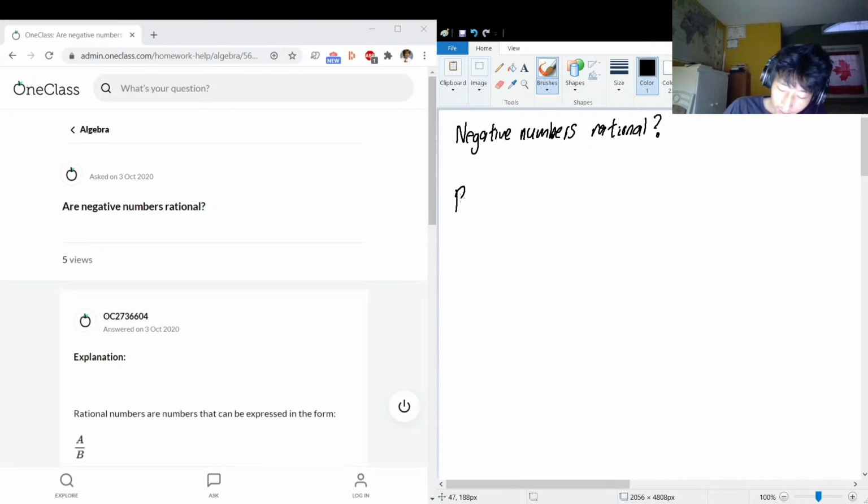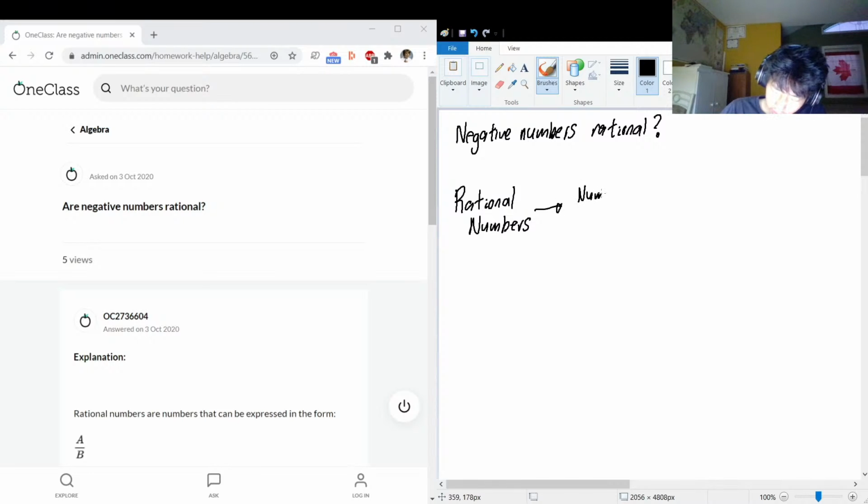Okay, rational numbers are numbers that can be represented as a ratio between two integers.